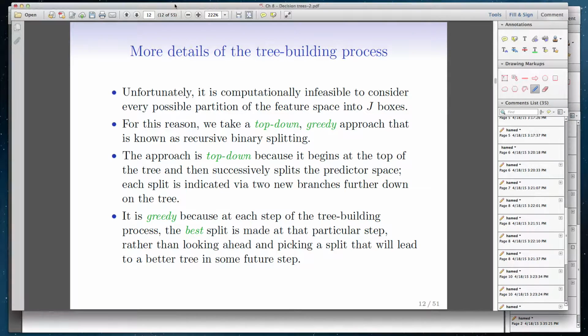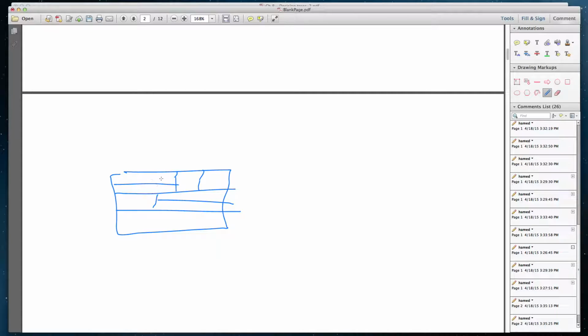So let's get back. By the way, one thing to mention here: we could continue splitting the space at our will. We could split it more and more and more, and we would define more and more subregions. So how do we decide where to stop?